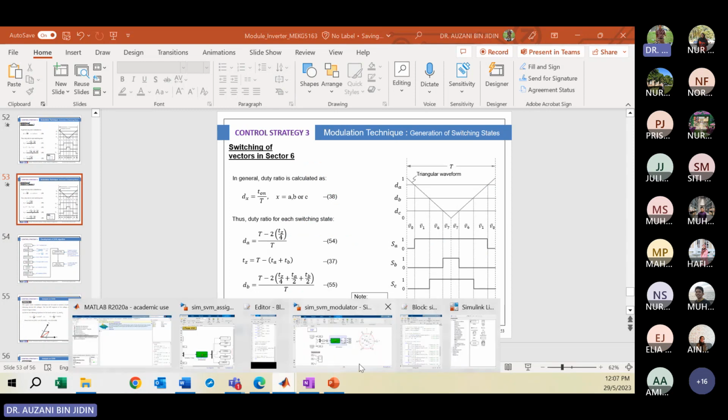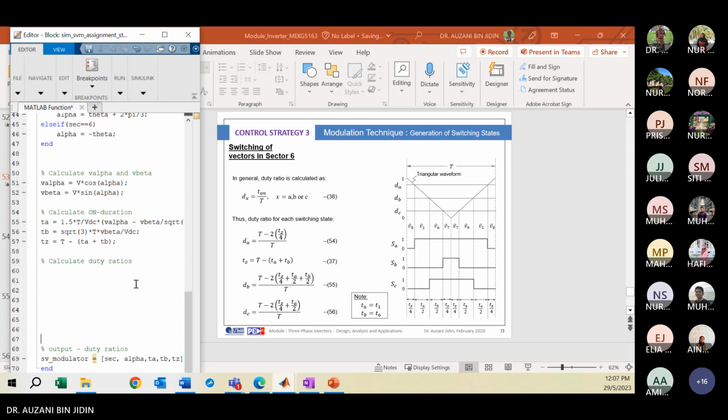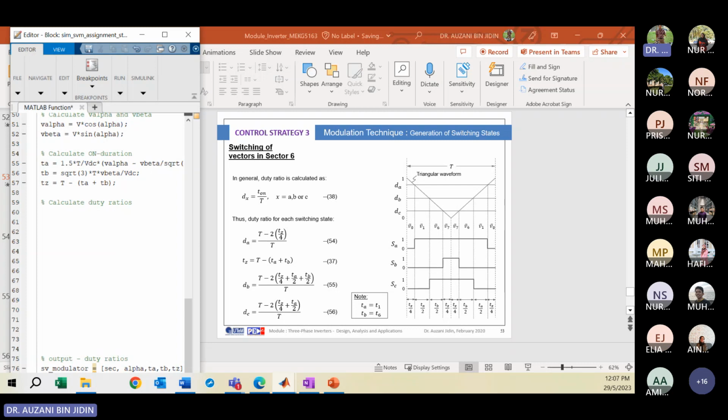Try to write the coding here. This is the coding. Maybe I just copy from my own. This is for sector number 1.